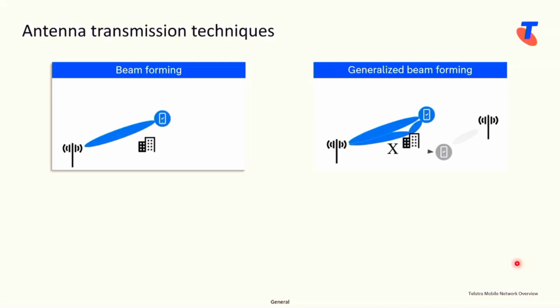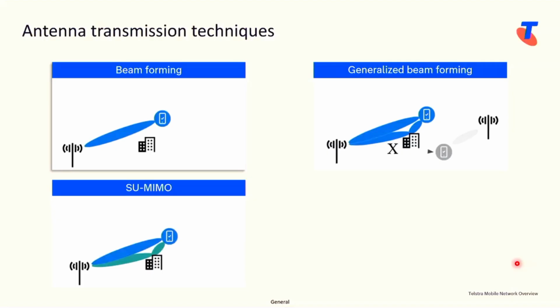To do that, the mobile's measuring the radio channel, and it's telling that to the network, and it's also sending sounding reference symbols, I think they're called, and the network's looking at those as well and working out how to make up this beam forming. Magic stuff.